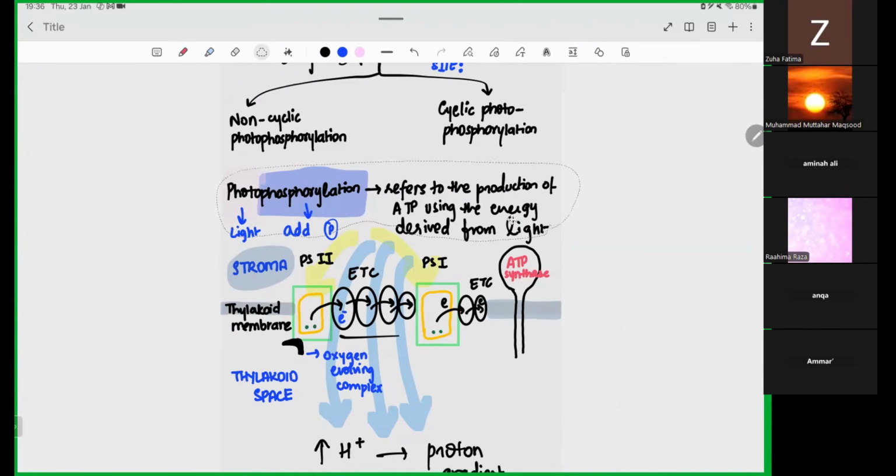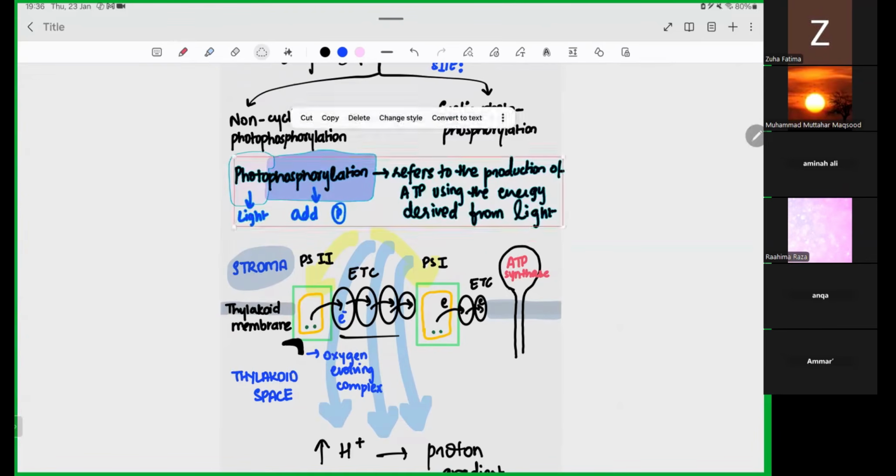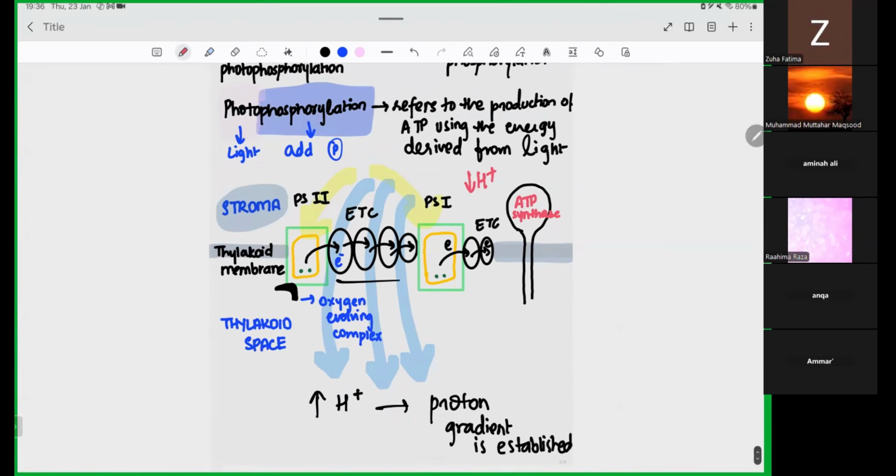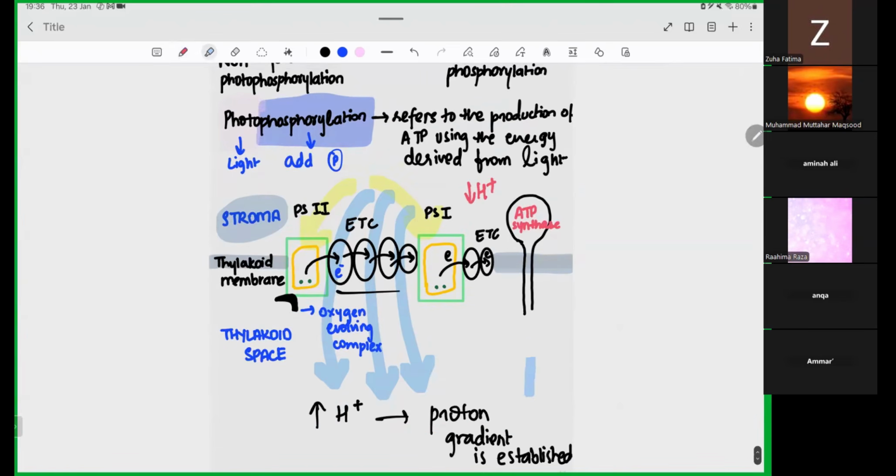So there is a lower proton concentration in the stroma, and a high proton concentration in the thylakoid space. This means that the protons can move through the stalked particle via facilitated diffusion.